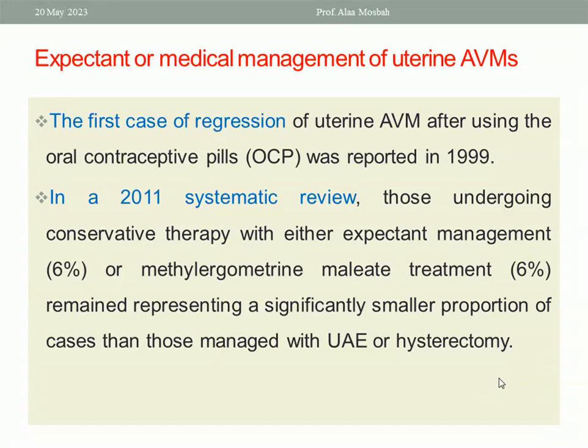As I mentioned before, the majority of patients were treated by uterine artery embolization or hysterectomy. The minority, about 6% of cases, were managed expectantly, with follow up, and those who were given ergometrine constitute 6% also. So the majority in this systematic review were treated with uterine artery embolization or hysterectomy.